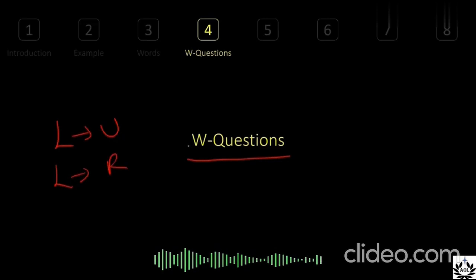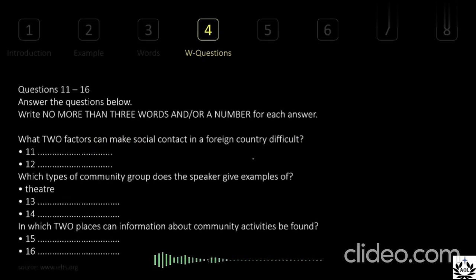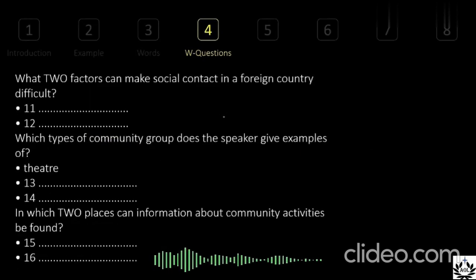Same goes here in IELTS. When you listen to the question, please try to understand what the question is and guess the answer for the W question. Now, what does it mean by guessing the answer? So we have some questions here. I'm going to get rid of the instructions and let me zoom in here. We have here: what 2 factors can make social contact in foreign country difficult.